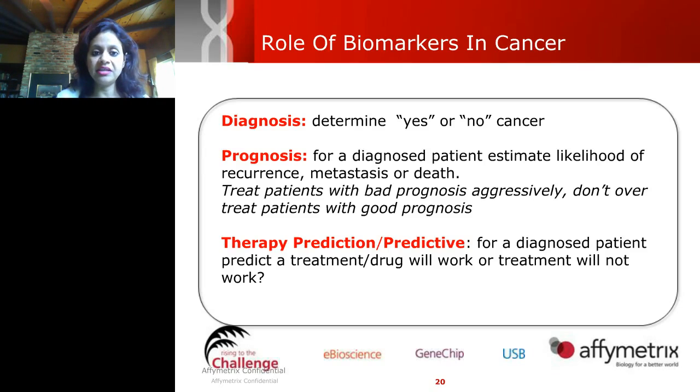The idea being that you treat patients with bad prognosis aggressively, and you wouldn't overtreat patients with good prognosis. And finally, the third application would be therapy prediction, where for a diagnosed patient, you predict whether a patient will respond to a particular treatment or drug, or equally importantly, you'd want to know markers of therapy resistance, meaning a treatment will not work in a subset of patients who have that biomarker.